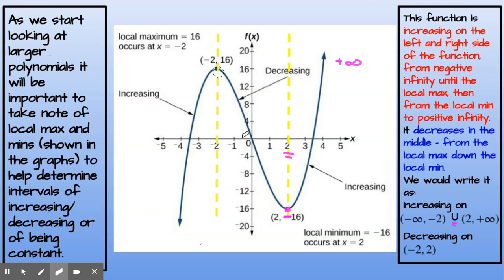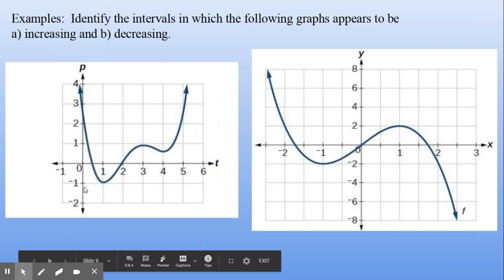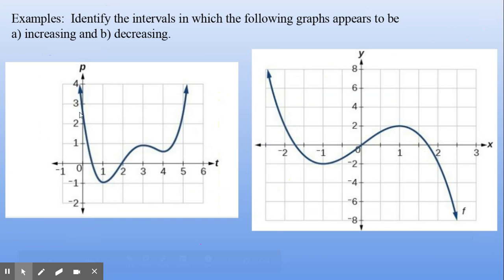Okay, so again, I need to know on the graph a local min or a local max, so I need to be able to pull those points out, and you only use the x values when you write your intervals. So we're going to be practicing over and over again how to list our increasing and decreasing in multiple different graphs.